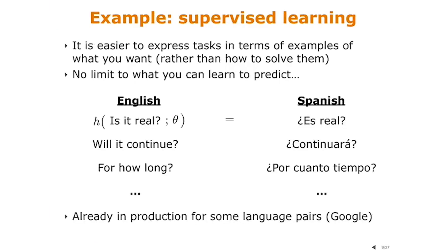You can apply the same approach in different contexts. For example, in machine translation, you can easily specify what the task is by giving an English sentence and a corresponding Spanish sentence and have a large number of them to illustrate what the task is.